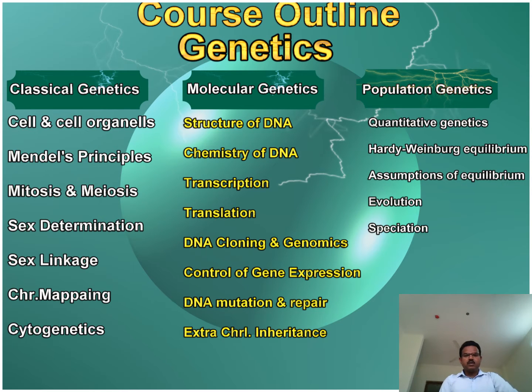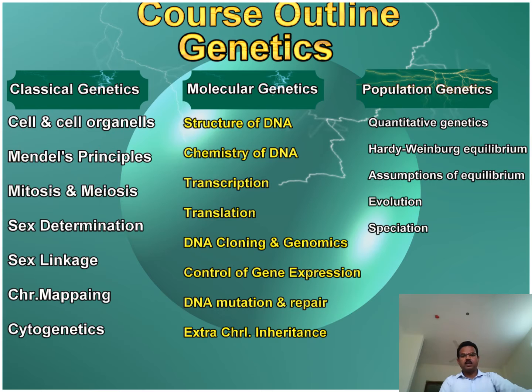So this is the course outline for this introduction to genetics. Under classical genetics we will be studying different areas like cell and cell organelles, Mendel's principles, mitosis, meiosis, sex determination, sex linkage, chromosome mapping, cytogenetics.